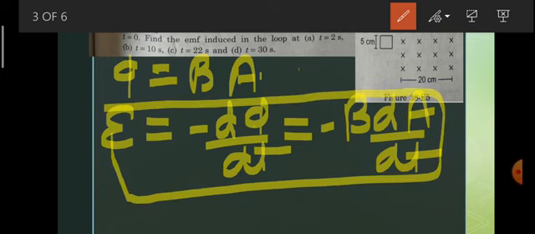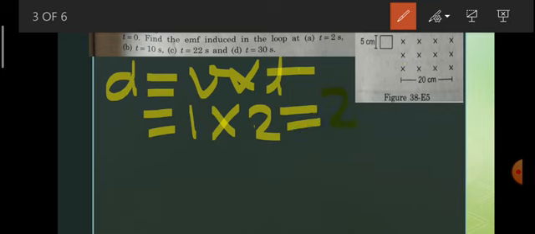So let's find out the induced EMF for the first case at t equal to 2 second. At t equal to 2 second, find the distance moved. Distance moved is equal to velocity into time. Here velocity is 1 centimeter per second and time is 2 seconds. On solving this, distance moved is 2 centimeter.